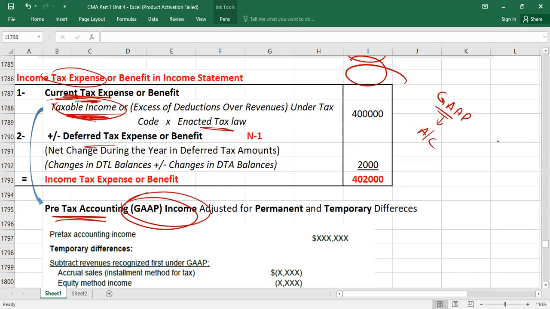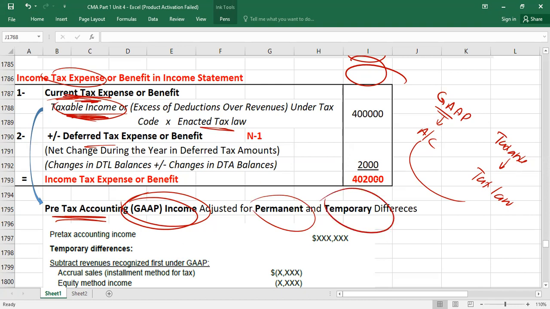Taxable income is the income adjusted as per tax law. There are differences between accounting rules and tax rules, and those differences can be categorized as permanent differences between tax and accounting, and temporary differences between tax and accounting.